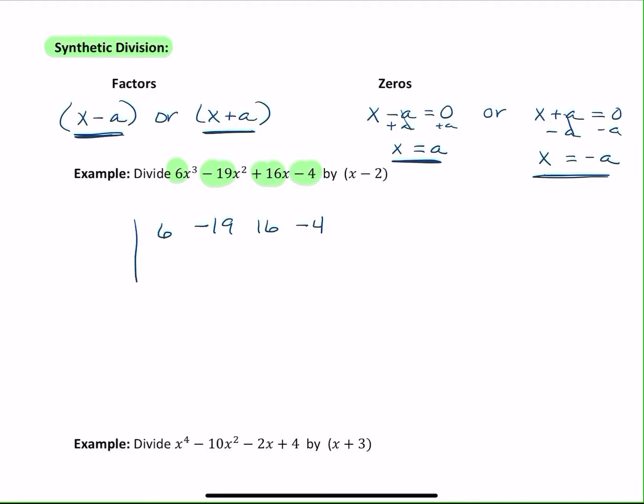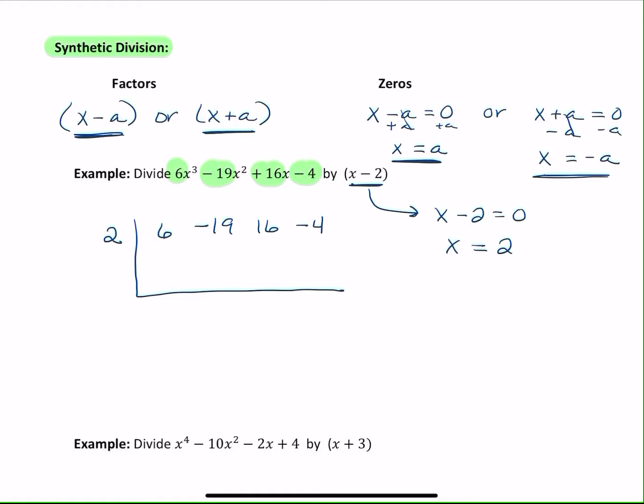And we're going to draw a big upside down division sign. And then we're going to take our linear factor and solve it for x to get the 0. So x minus 2 as a factor is x equals 2. That 2 goes outside your box. That's what we're dividing by.